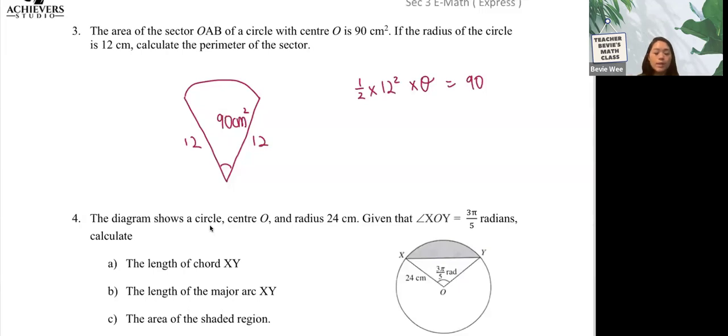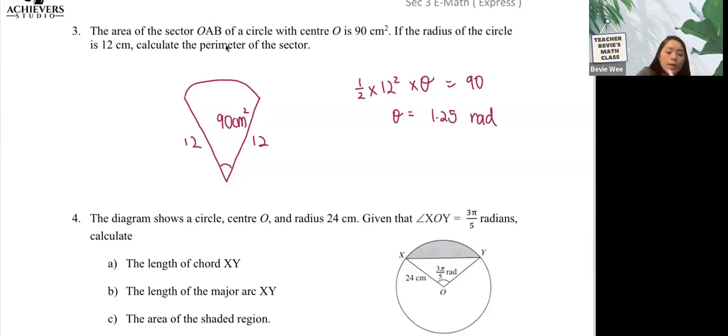So help me work backwards. Help me find theta. Denzel, very good. Well done. Anyone else got it? Theta, I get 1.25 radian.